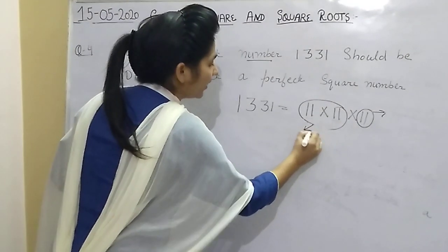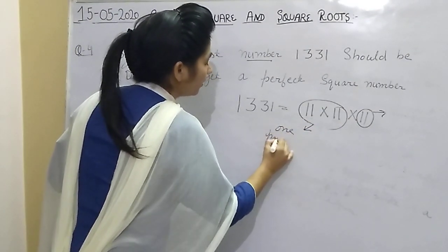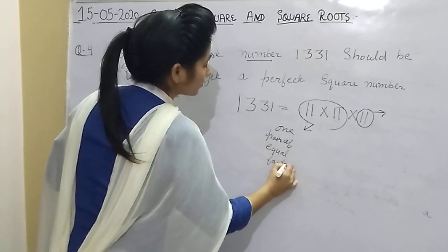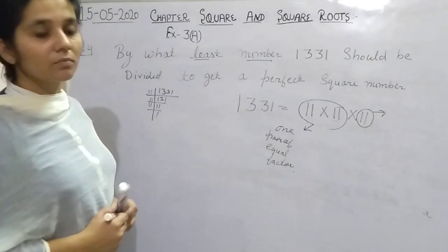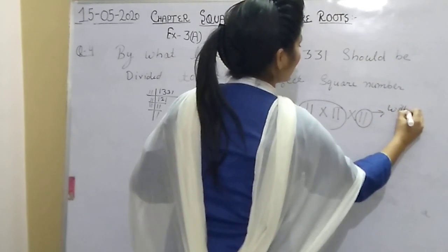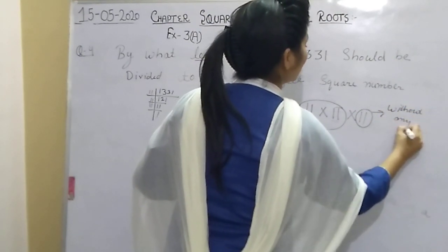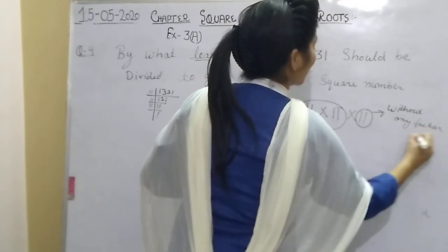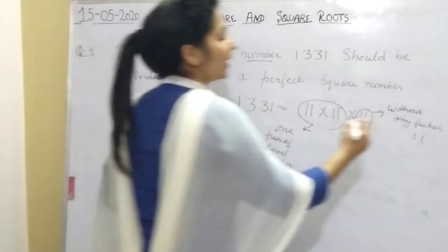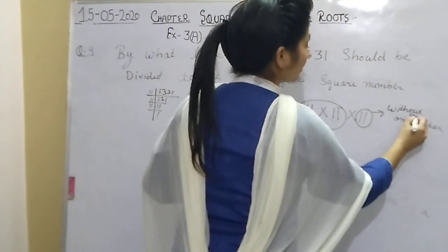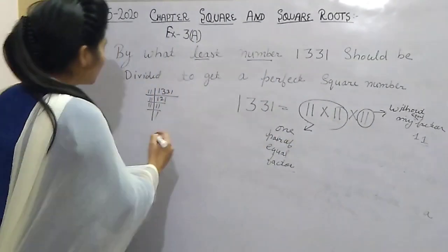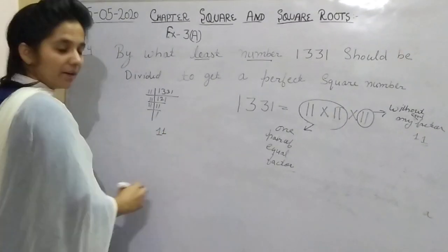So again we have one pair of equal factors, and the remaining factor, 11, is without any equal factor. So the required least number is 11.